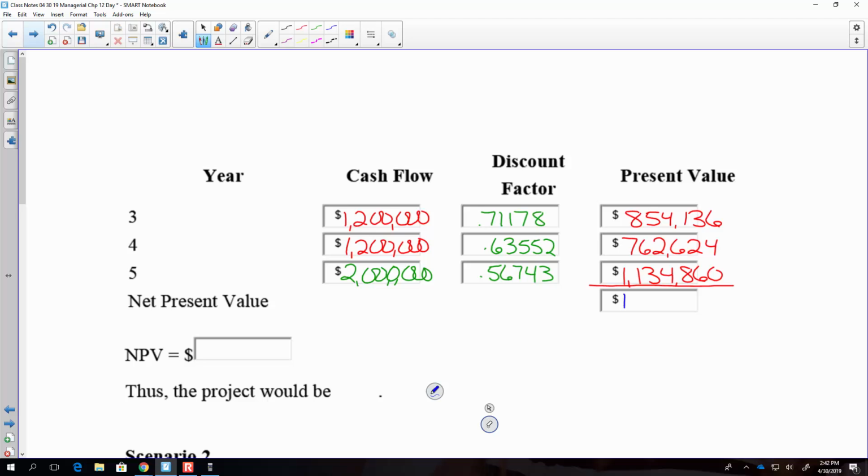I got a positive 1,179,680. Anybody at home verify that? Or here?